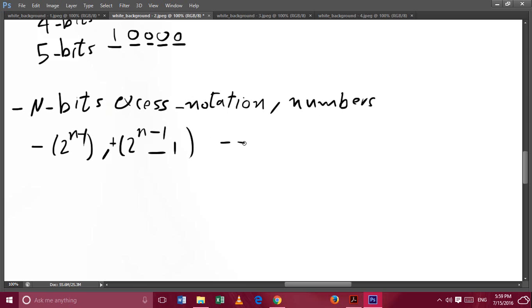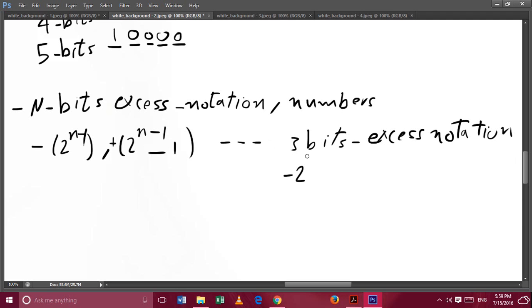So a 3 bits excess notation is capable of representing numbers ranging from -2 to the power of 3 minus 1, to plus 2 to the power of, again, 3 minus 1, minus 1, because n here is the number of bits. 3 minus 1 equals 2, so 2 squared is 4.